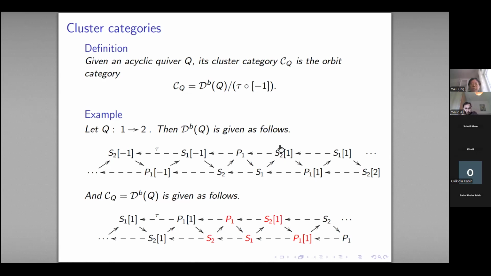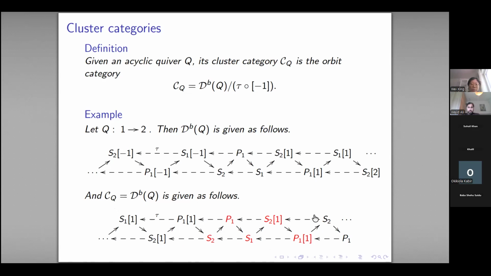And after taking the orbit, the object S2 shifted by 1 will be identified with P1 shifted by -1. And similarly, if you look at the object P1 shifted by 1, applying tau, you get S1. Applying the -1 shift, you get S1 shifted by -1. And that means your P1 shifted by 1 is identified with S1 shifted by -1 in the orbit category.